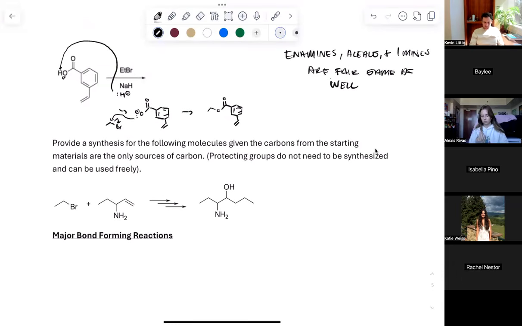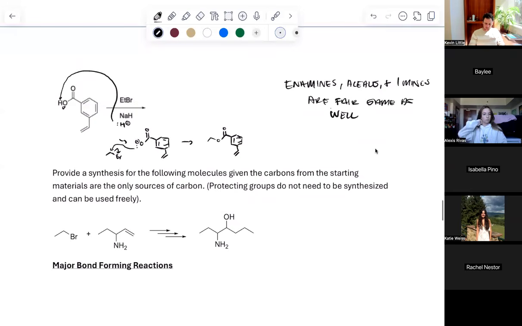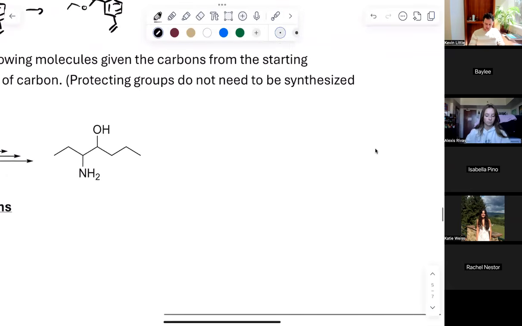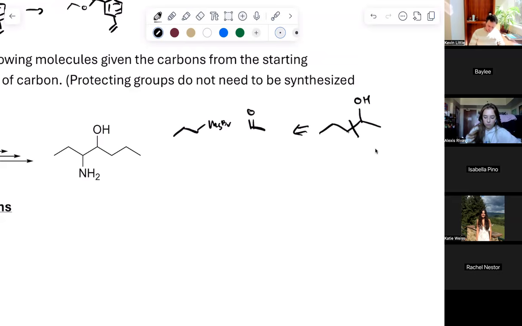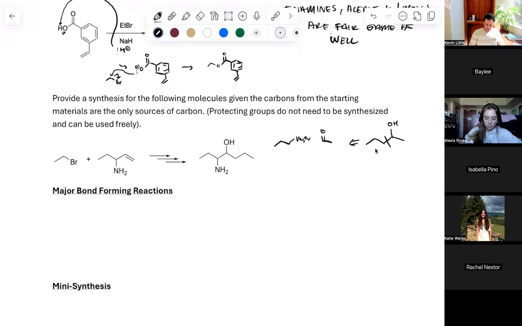Okay, so someone asked for this the other day, and I thought it would be good to kind of summarize. So if I've got something that looks like that, my first thought is I've got a Grignard and a carbonyl, right?